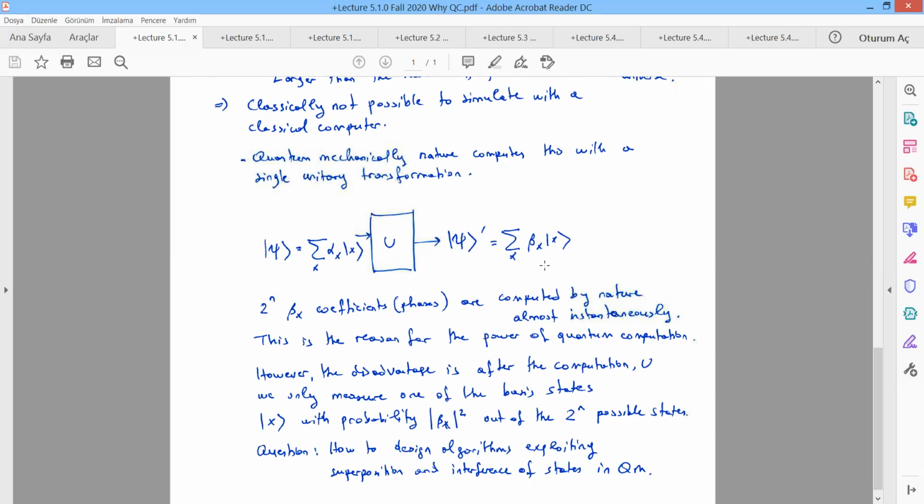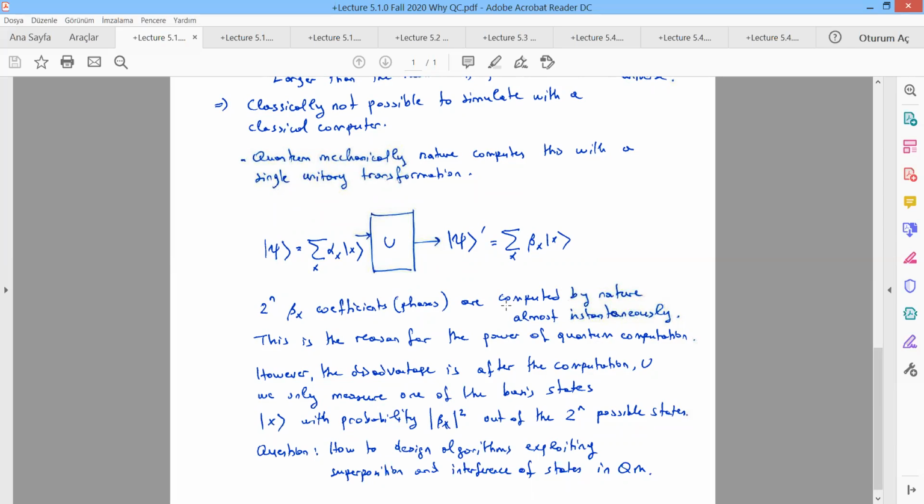And when we make a measurement, according to the measurement postulate, this state would collapse to one of these basis states with probability magnitude square beta sub x, right? So there's a certain probability distribution. And when we make a measurement, according to that probability distribution, we measure one of the basis states out of all the 2 to the n possible states.